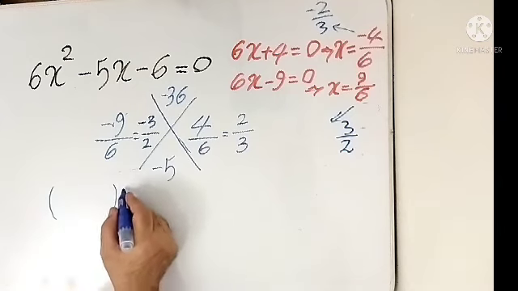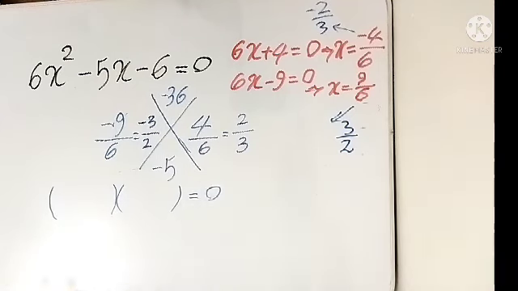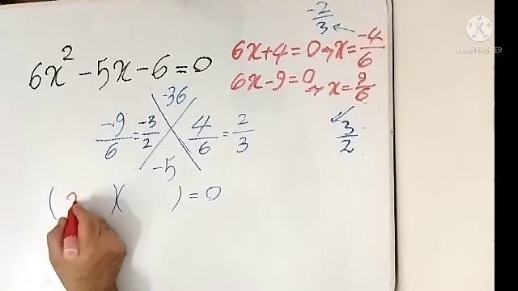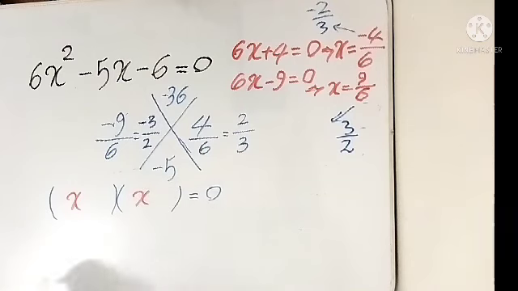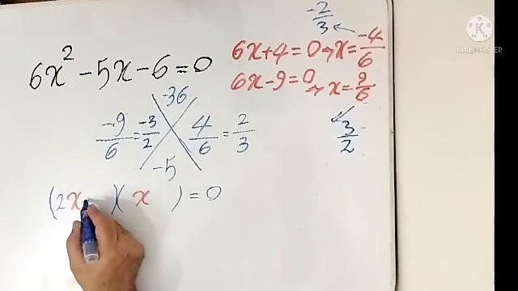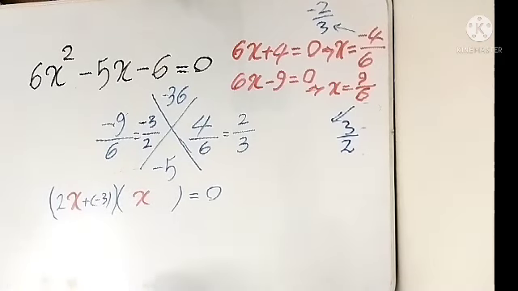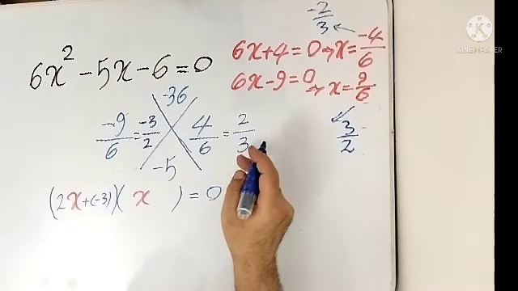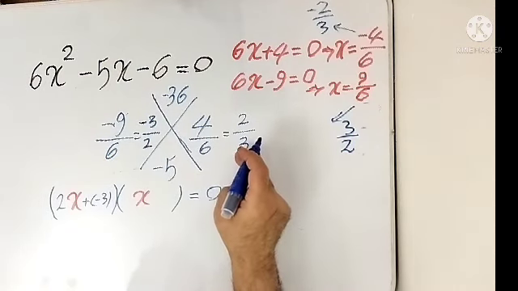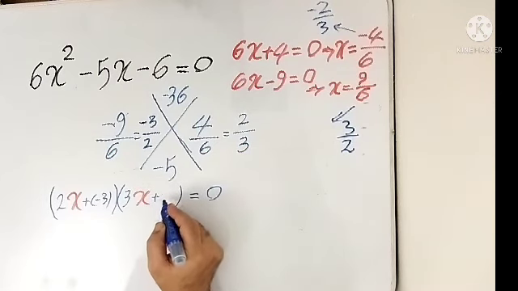Now we form two factors. One of these factors is 2x plus minus 3, and the second factor is 3x plus 2.